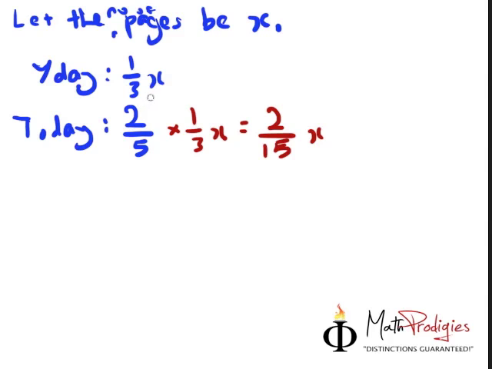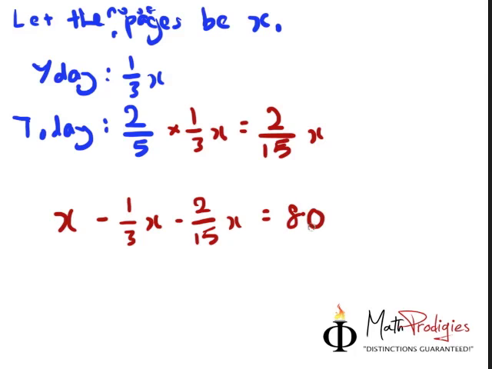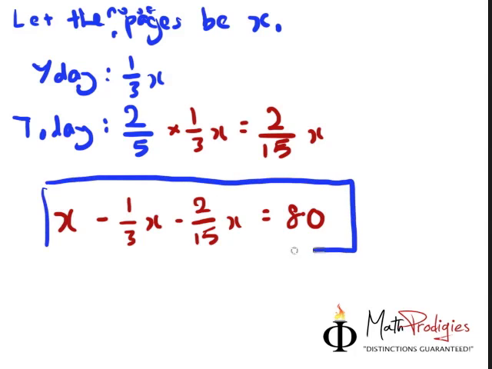We can say the total number of pages, which is x, minus yesterday what she read, 1/3 x, minus what she read today, which was 2/15 x, gives me 80 pages left. That is the equation for this question, and if you got that one right, you should be able to get everything right.